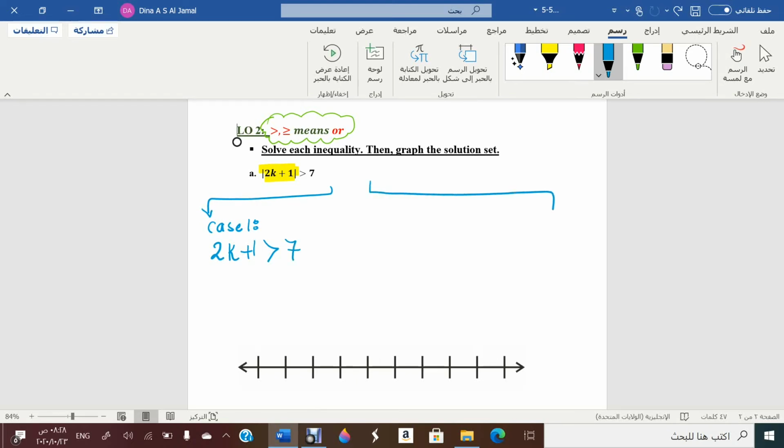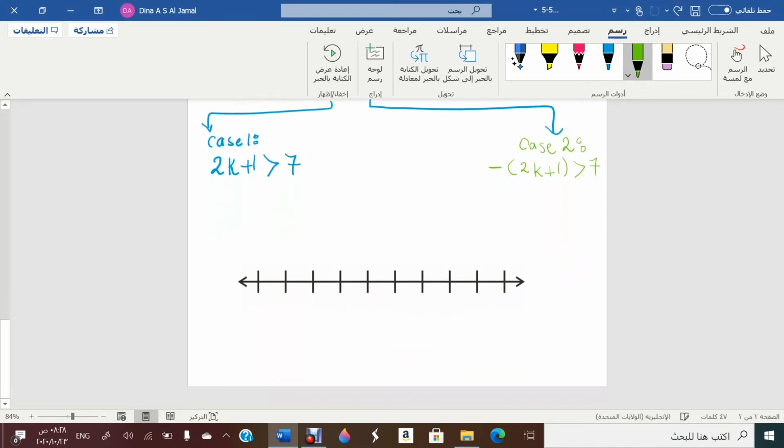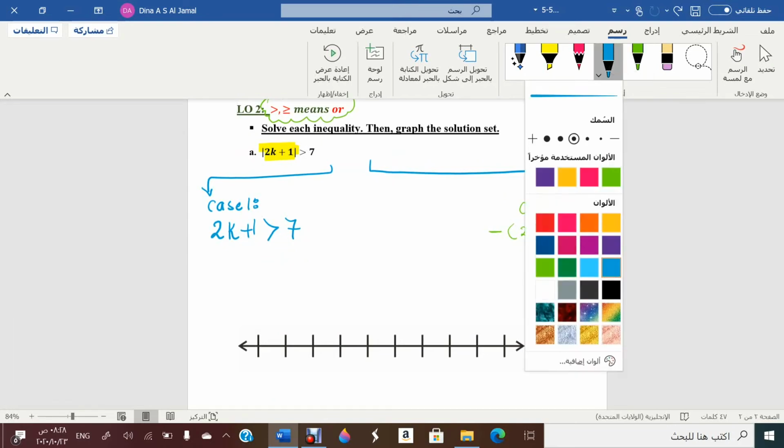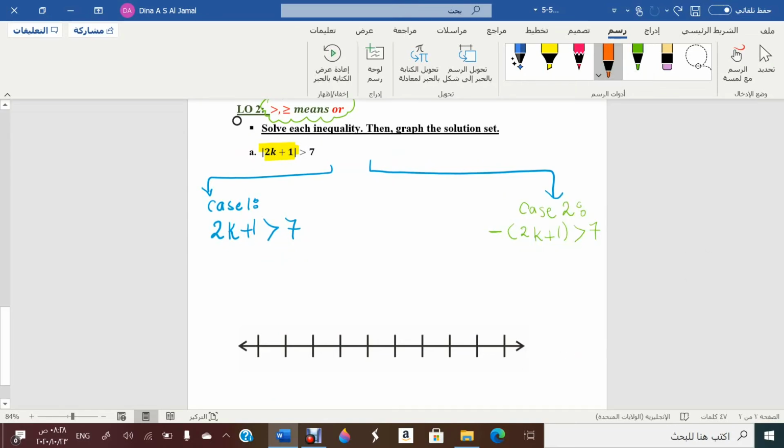Case 2. Take whatever inside as negative. And remember to put brackets, otherwise your solution will not be correct. And remember to do the distributive property. So it is a multi-step inequality.